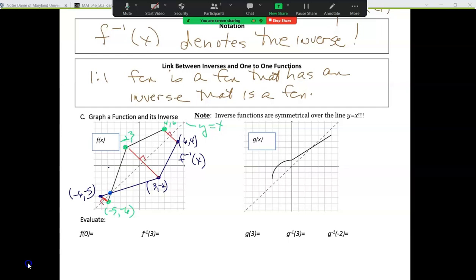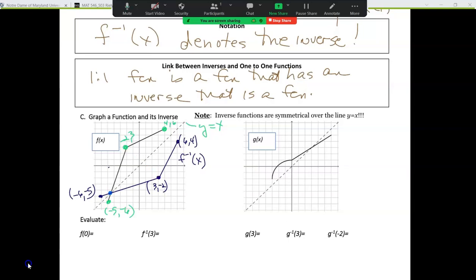So that's just something to note. Don't draw those in, so I'm actually going to get rid of them. But note that you have that relationship so that you can verify the points you selected were correct. So that's what your inverse looks like.